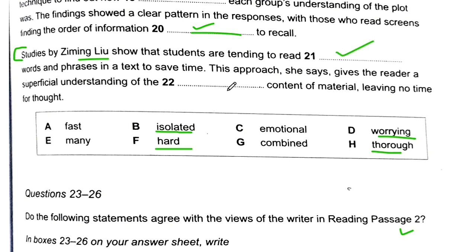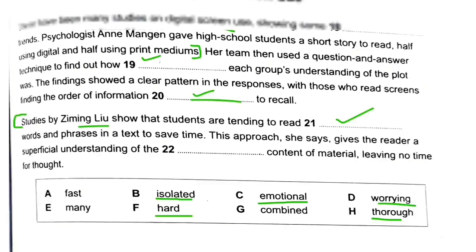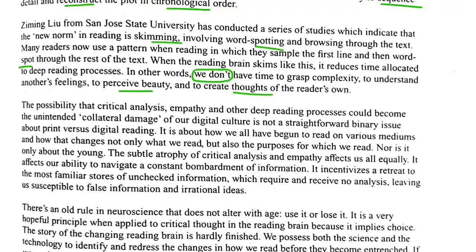Superficial understanding of the dash content of the material, leaving no time for thought. You can see in the paragraph it will be emotional content of the material. Here you can see they clearly mentioned to understand another's feelings, to perceive beauty and create thoughts of the reader's own. So the answer is emotional content.